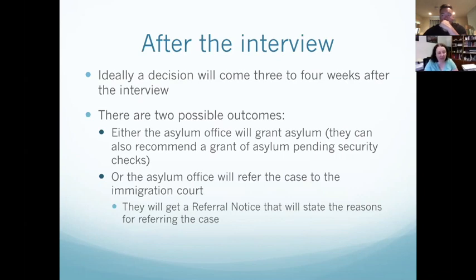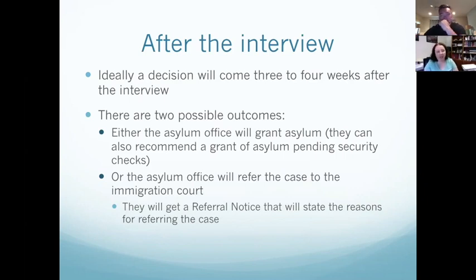And when they get the decision, either the asylum office will grant asylum, and sometimes if the security checks have not cleared, what they get is a recommended grant of asylum, which is kind of like, we think we're going to grant you asylum, but we just need to get through these security checks.